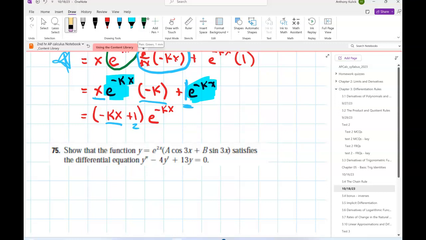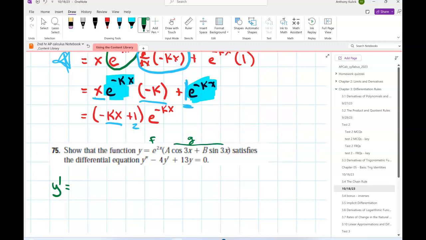All right. So let's start with y prime. To do that, what's the first derivative that I need to do? A product rule. Excellent. So this is my f, and that's my g, right?